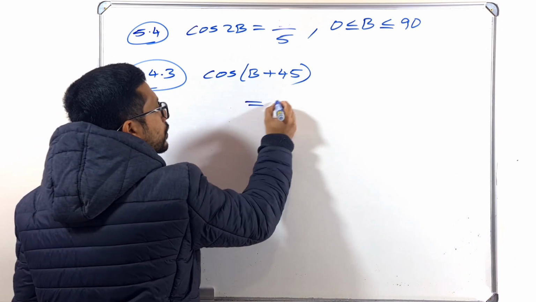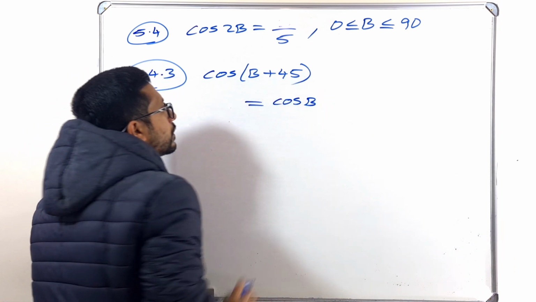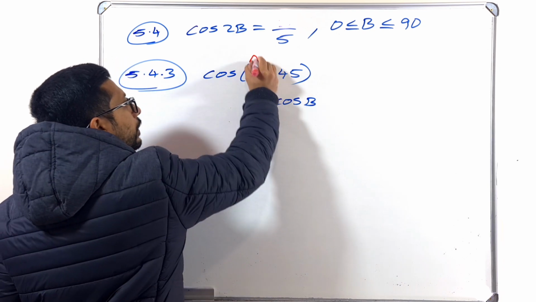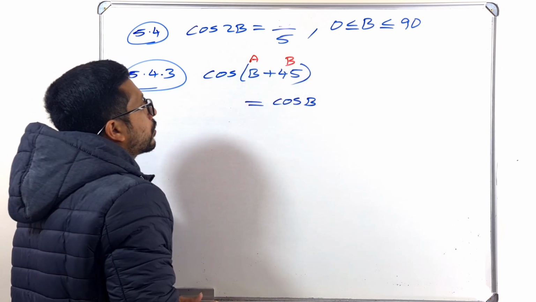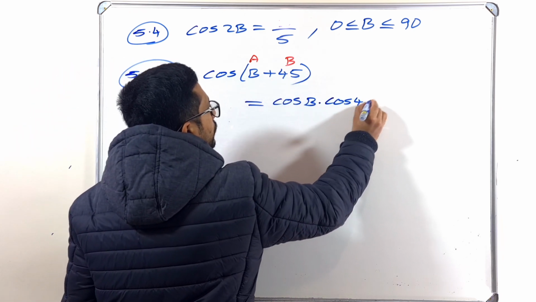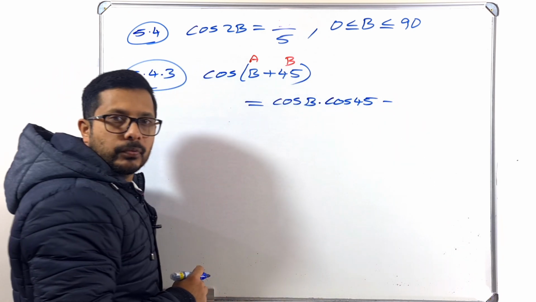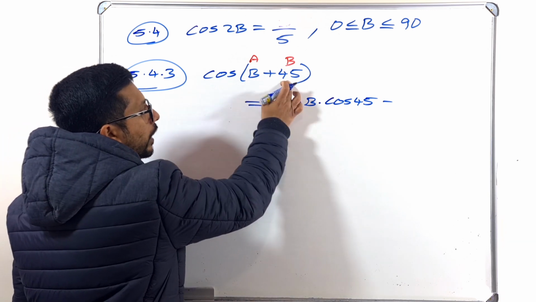So it is cos B cos 45. You have to consider this as A and this is your B. So cos A cos B, so cos B cos 45, minus, what is the formula? Sin A sin B. So sin B sin 45.